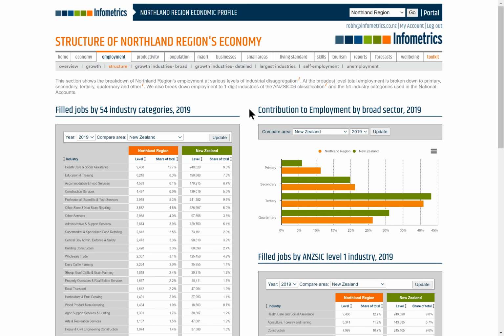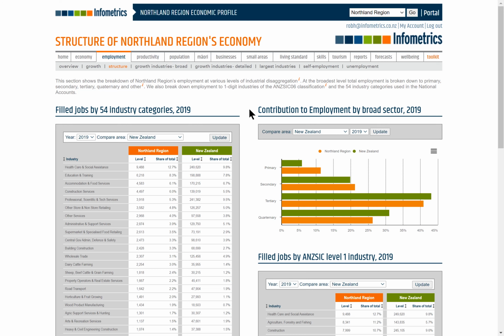The chart showing contribution to employment by broad sector gives you a broad overview of your local economy. Here you can quickly see how much employment is devoted to the primary sector, which is agriculture and mining, the secondary sector, which is manufacturing, utilities and construction, the tertiary sector, which is service industries that are not knowledge intensive, such as retail and hospitality, and the quaternary sector, which is knowledge-intensive industries such as professional, scientific and technical services.